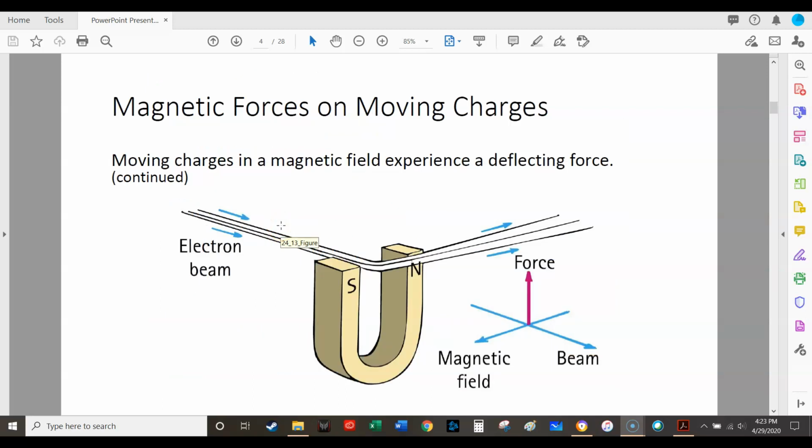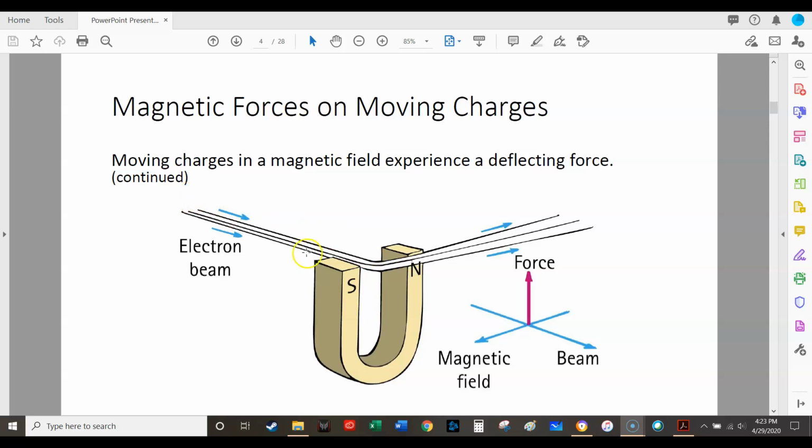So what is a magnetic force? How does an interaction between a current and a magnet create a force? And what are the rules and how do you quantify it? Well, here's a picture of an electron beam.